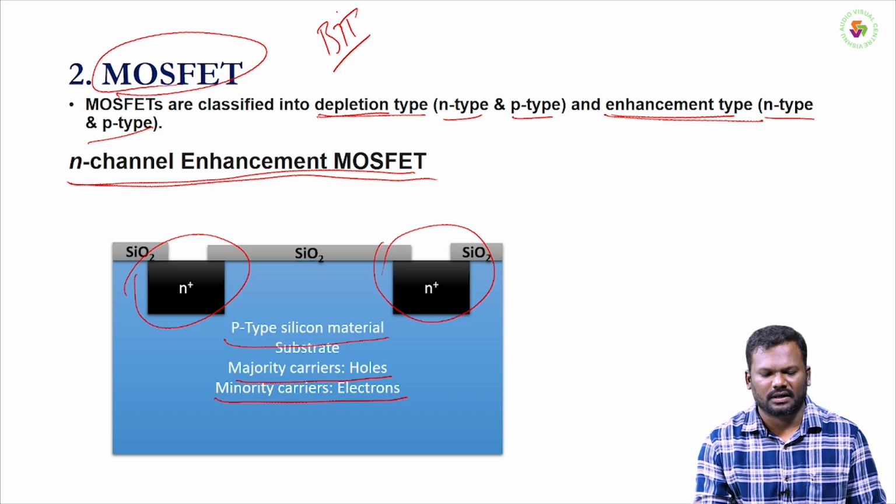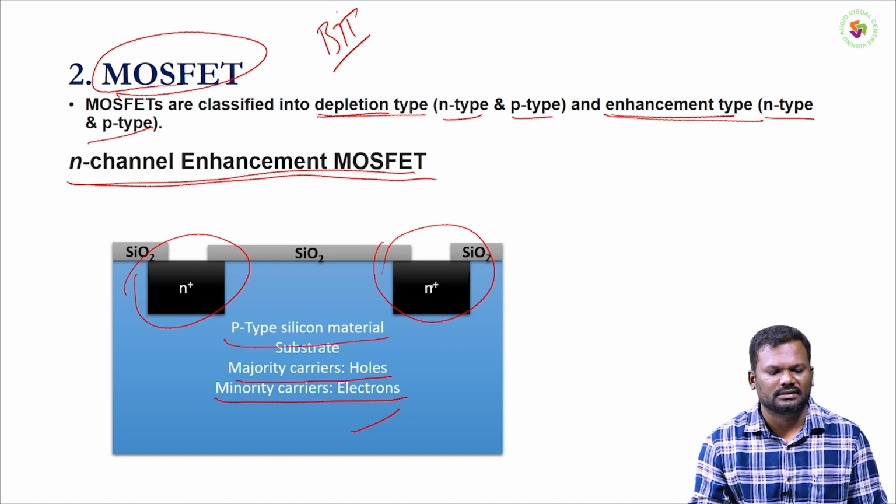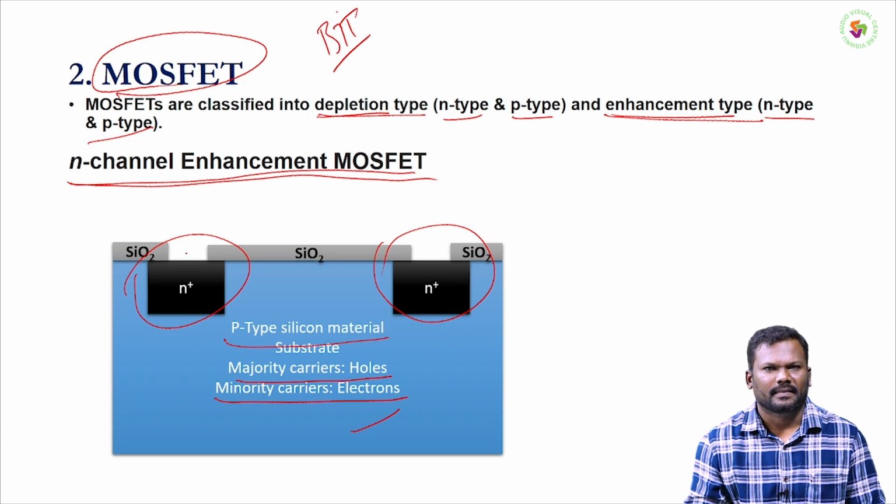So first you selected the P-type silicon substrate, then diffused two heavily doped N plus regions, and next you have grown silicon dioxide. After growing the silicon dioxide, you have to remove these portions, which we will cover in fabrication.